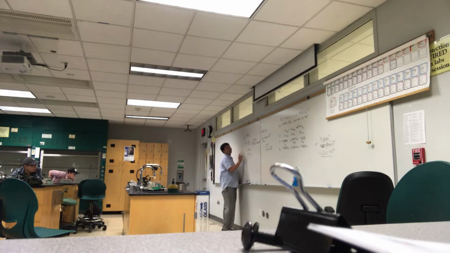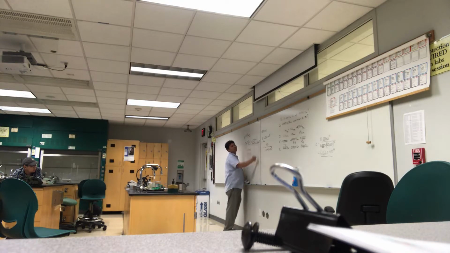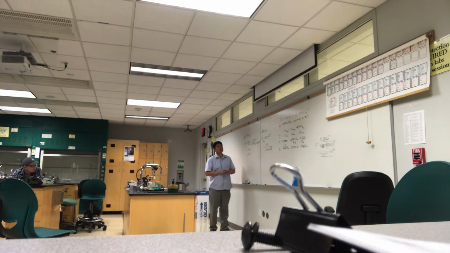Delta G naught is the problem here. I need the delta G naught at temperature T, but I'm using the delta G naught at 298 Kelvin, and this temperature is wrong anyway. Unfortunately, that's wrong.